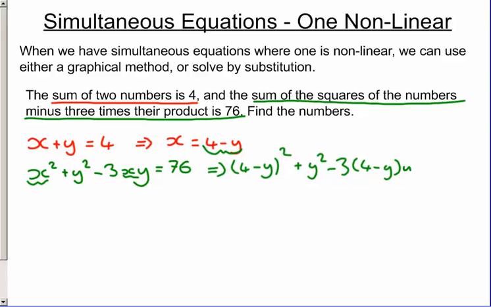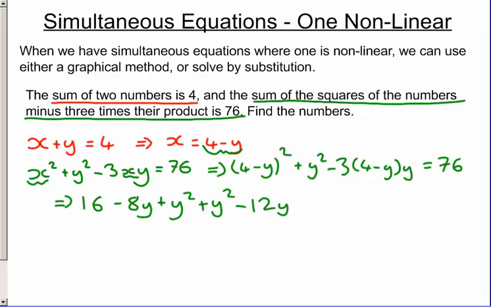Expand that and we get 16 minus 8y plus y squared plus y squared minus 12 plus 3y equals 76. Once again, make sure you can see where each of those terms comes from.